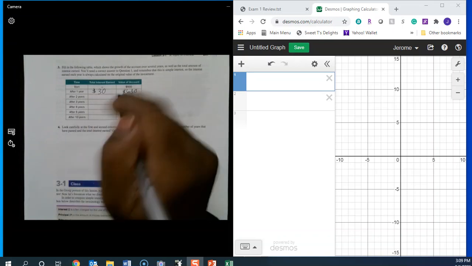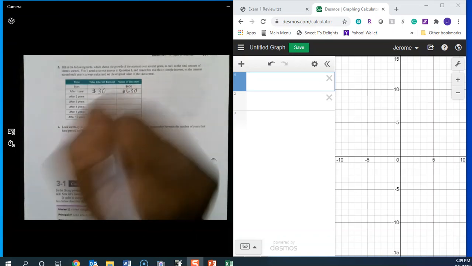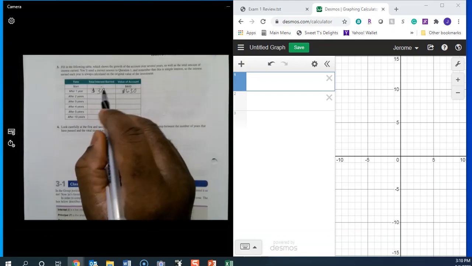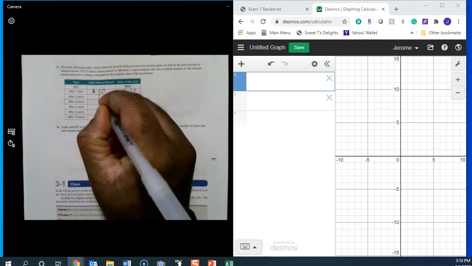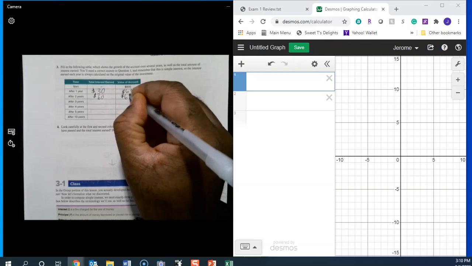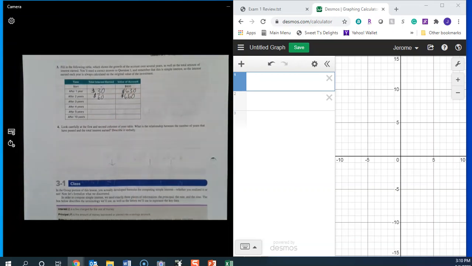Now the second year, if you don't take the money out, it will go up another $30. But we're not going to write $30. What we're going to do is write what it would equal when you add it to the previous 30. So that'll be $60, and the value of the account now would be $660.